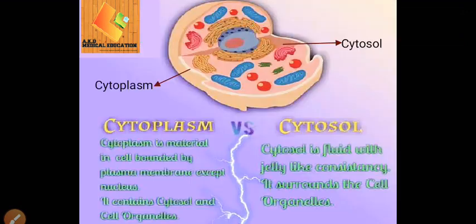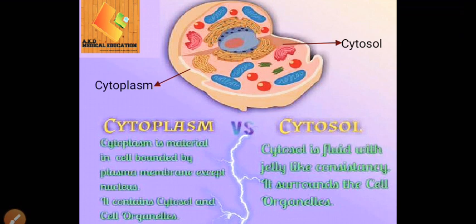So let's move on. From the diagram here, I try to differentiate between the cytoplasm and the cytosol. You see here, the arrow points to the cytosol, meaning the cytosol is surrounding most of the organelles, while the cytoplasm is entirely everything which is found in the cell except the nucleus, and that is behind the cell membrane.